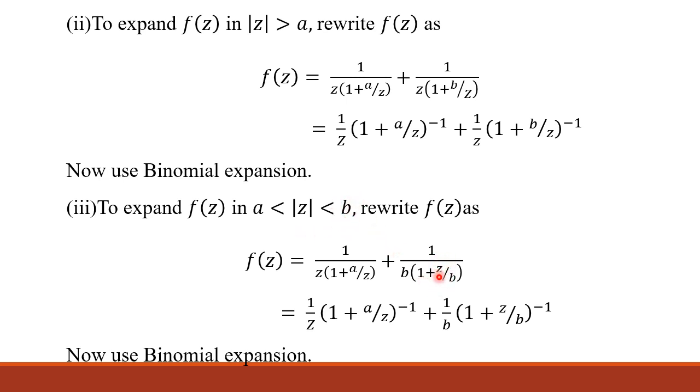So, our f(z) becomes 1 by z into (1 plus a by z) plus 1 by b into (1 plus z by b). Now, we take 1 plus a by z and 1 plus z by b to the numerator, and it goes to the power minus 1. Now, we apply the binomial expansion.